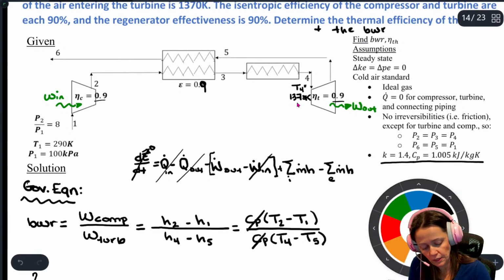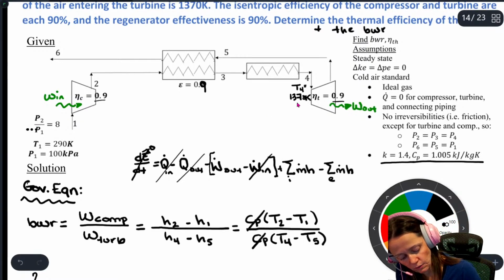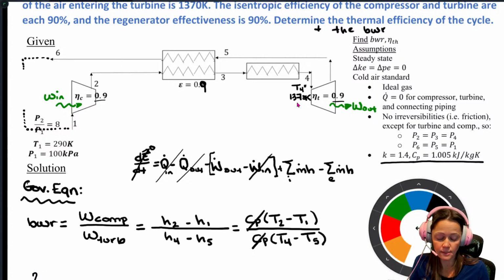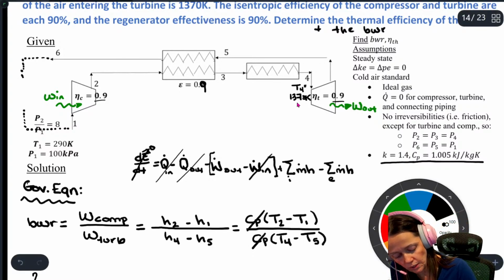One thing I'll do is keep in mind, they didn't draw it on here, that even though the actual engine is open and not really a thermodynamic cycle, we're modeling it as a thermodynamic cycle so that we can take advantage of some of the really convenient relationships of a thermodynamic cycle.